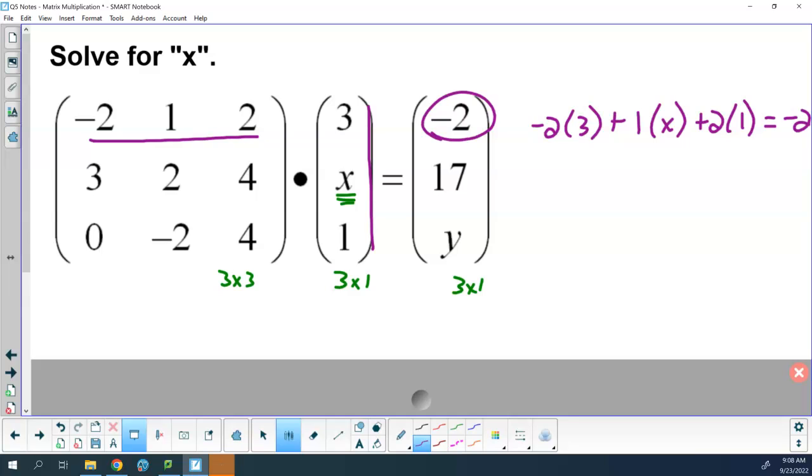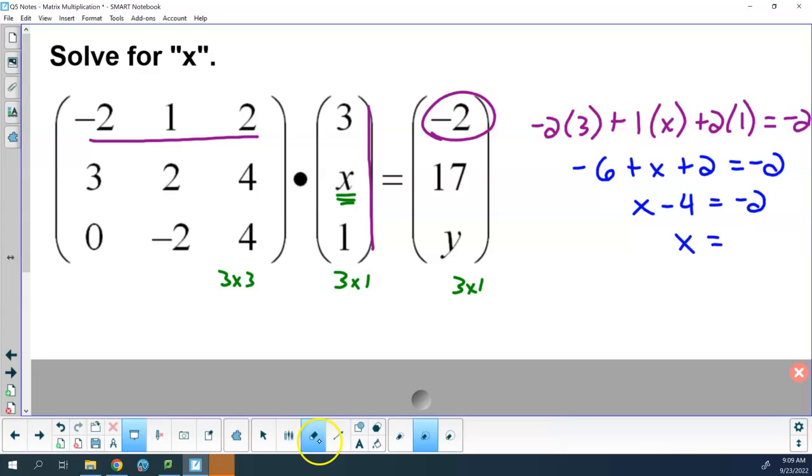Yes? Okay. And we solve it, we got negative 6 here plus x plus 2 equals negative 2. That's x minus 4 equals negative 2. I get x is positive 2.